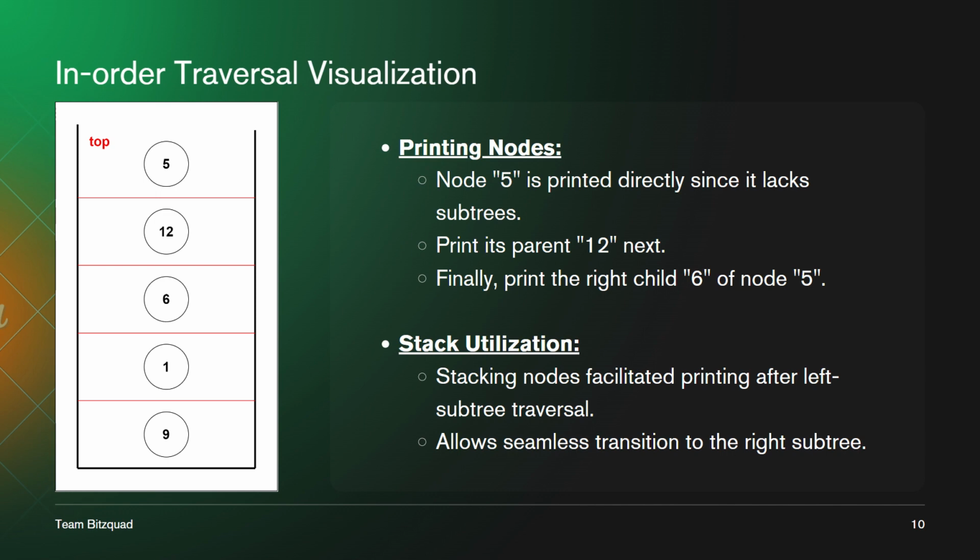After traversing the left subtree, we are left with this. Since the node 5 doesn't have any subtrees, we print it directly. After that, we print its parent 12 and then the right child 6. Putting everything on a stack was helpful because now that the left subtree of the root node has been traversed, we can print it and go to the right subtree.